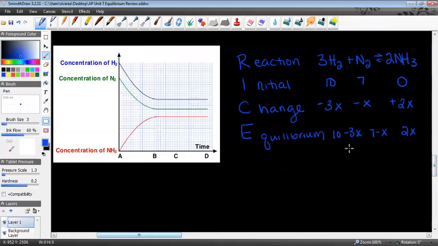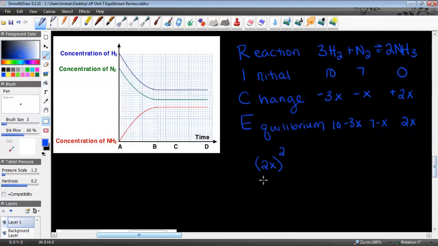And then you would plug all of this mess into your equilibrium expression, where you would go products, so our 2X squared. Sorry, my phone's ringing. You're not going to have one where the algebra is this yucky, I promise. I'm just going through the process here.